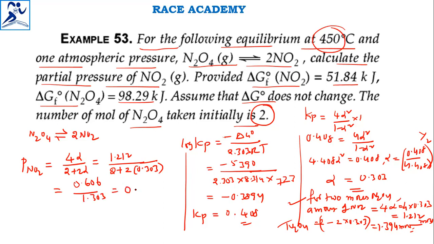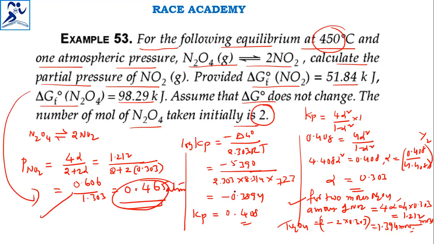You will get 0.465 atmospheres. So this is the final answer which they have asked, the partial pressure of NO2. So the partial pressure of NO2 can be calculated in this step only. How 2 plus 2 alpha came is that it is the total moles of the substance.